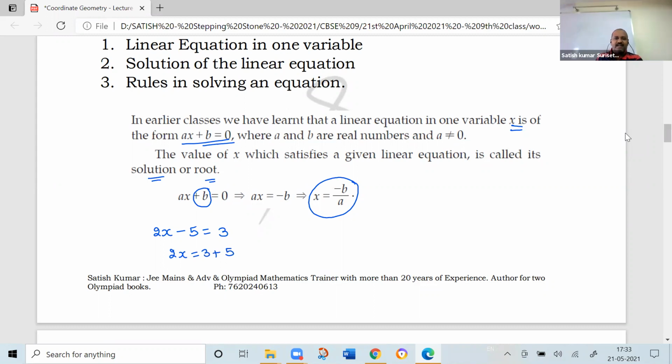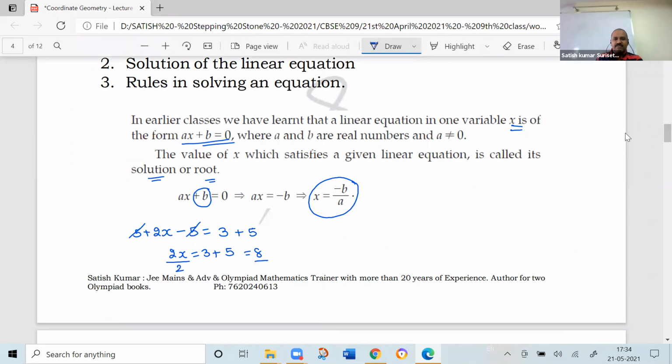When I add any number to both sides of the equation, the solution will not get affected. Here 5 gets cancelled, so 2x equal to 3 plus 5, which is 8. Now 2x equal to 8, so divide both sides by the same non-zero number, 2. The 2 gets cancelled, so x equal to 4.